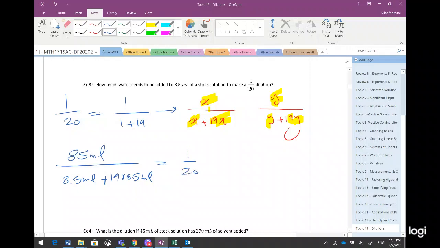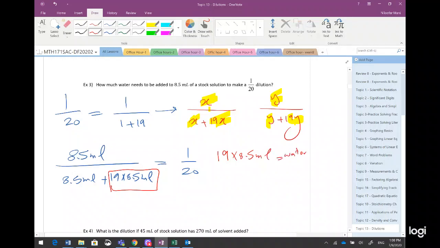So this is the amount of water that must be added: 19 multiplied by 8.5 milliliter should be the water added.